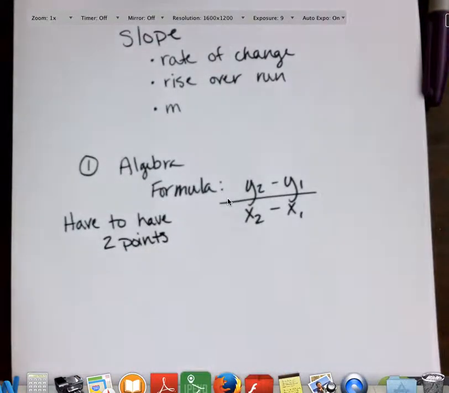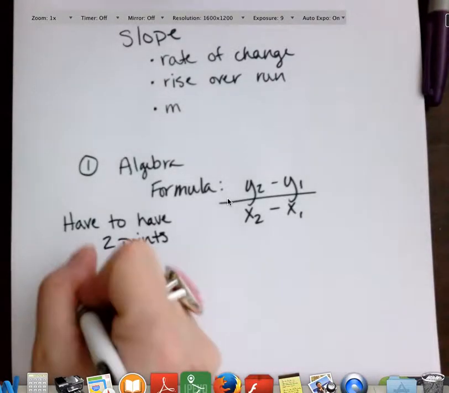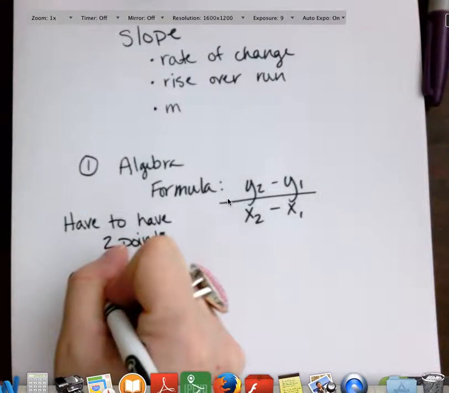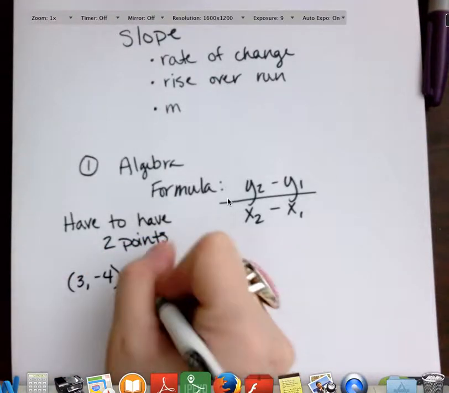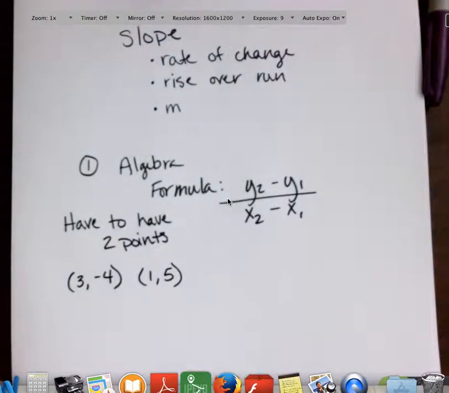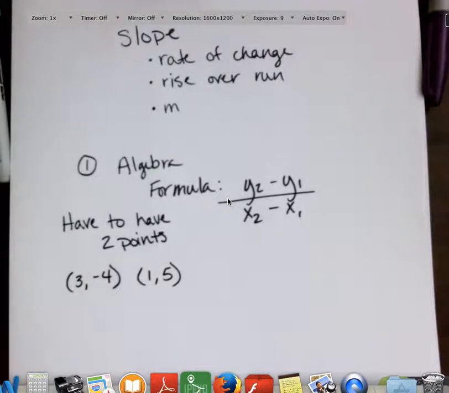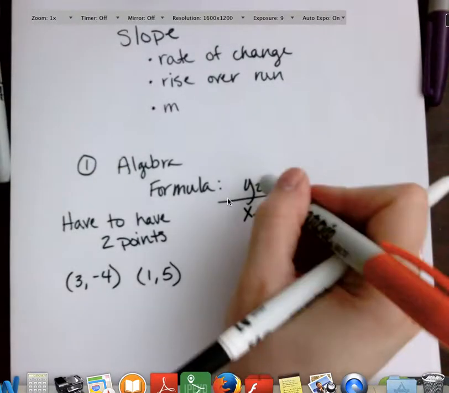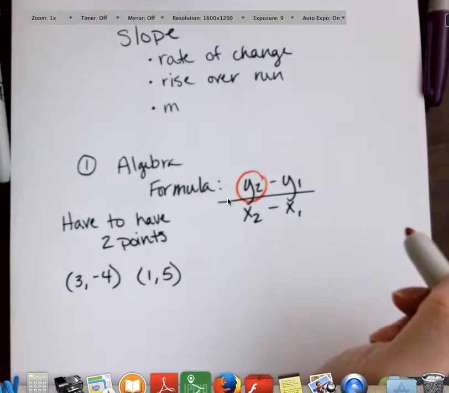All right, let's say I have a point. Let's pick 2 points. So 3, -4, and 1, 5. Okay, these are my 2 points. To use this formula that we have here, I'm going to grab another pen. You can see that I need my y2.